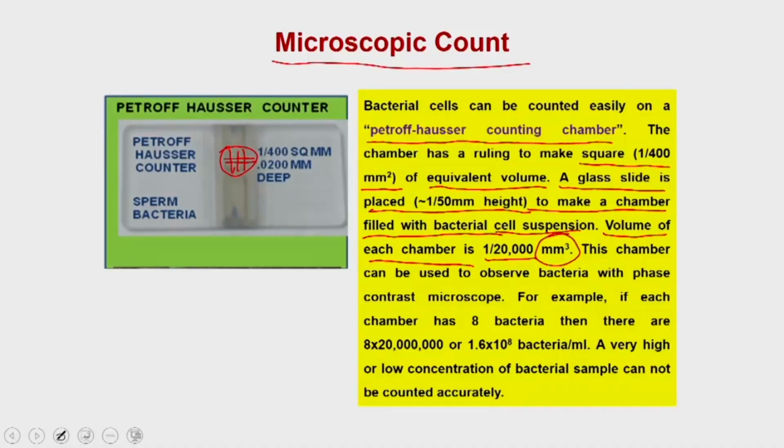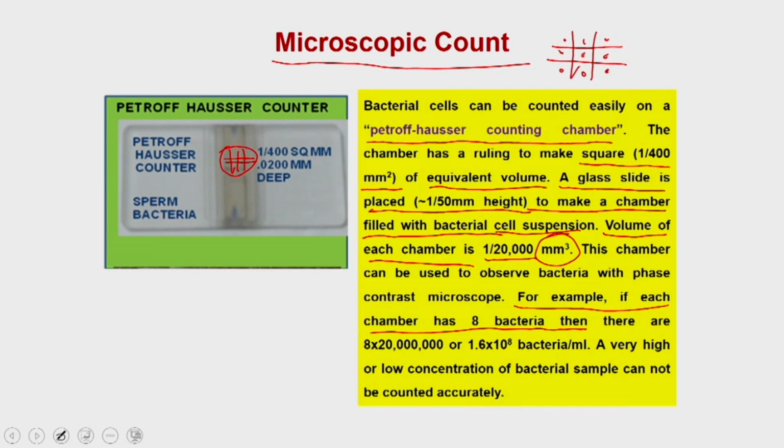And when you count the number of cells, how are you going to calculate the number of bacteria which are present? For example, if each chamber has 8 bacteria, you have a chamber like this. What you have to do is count in each of these chambers the number of bacteria present.